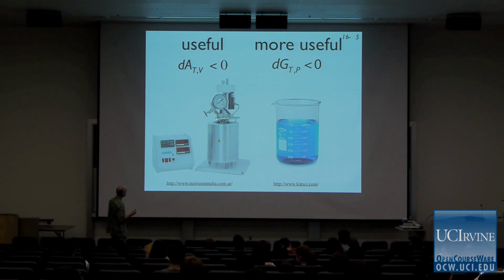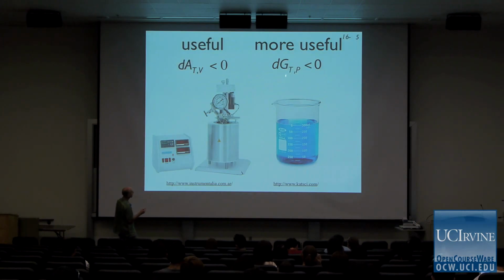We can constrain the volume using one of these fancy Parr bombs, and we can do an experiment in here, and that's not a difficult thing to do. So as chemists, the Helmholtz energy tends to be a useful thermodynamic marker for us.